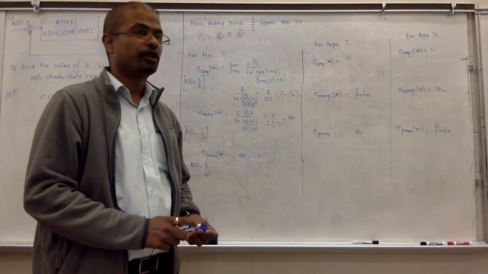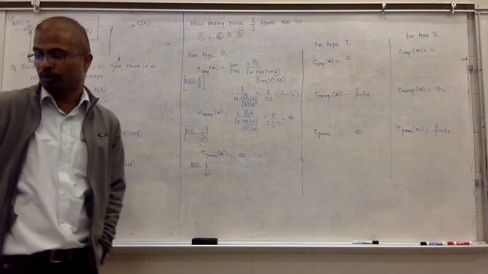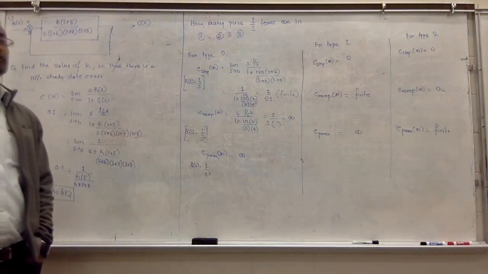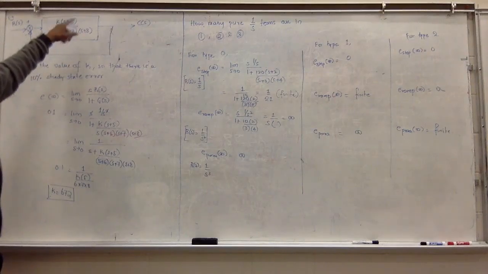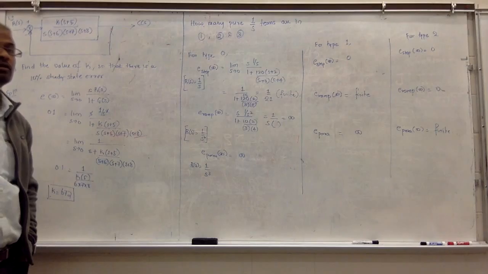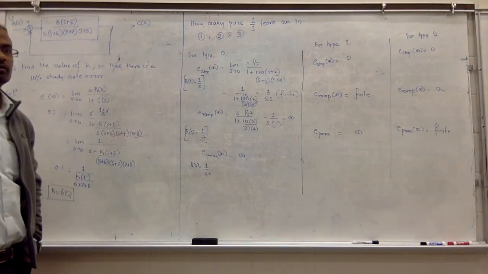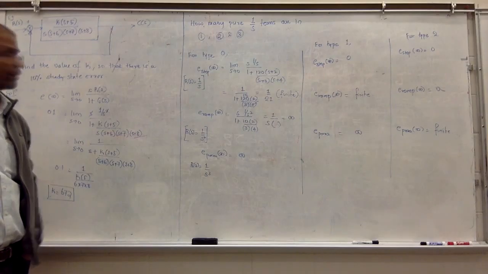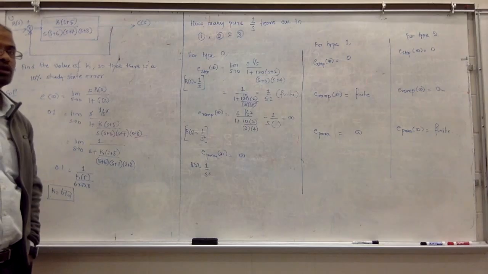It will give you a 10% error for a ramp input. What will be the steady state error for a step input? For this system, if there is a step input, what steady state error will it yield? It will yield 0.